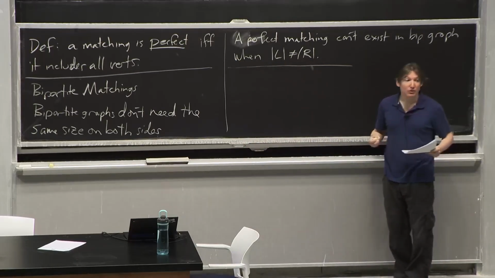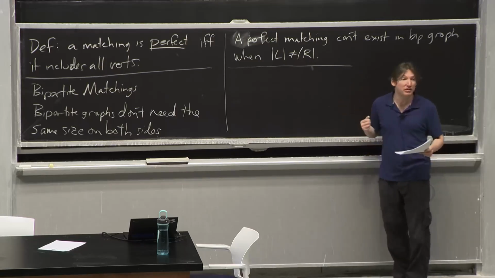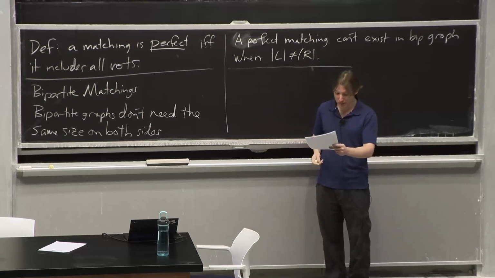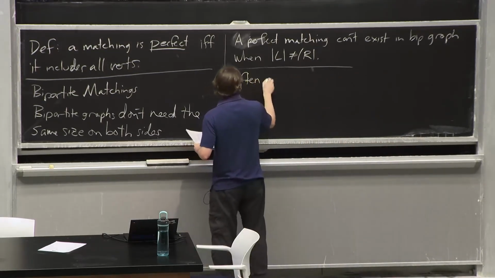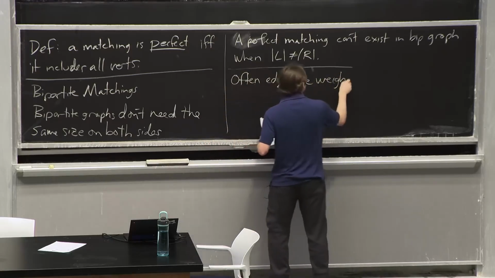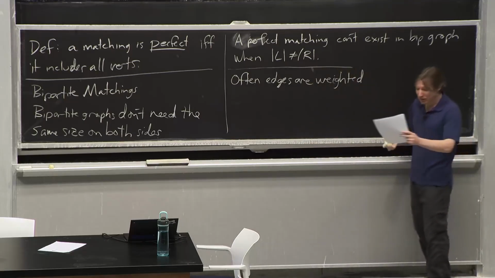Sometimes, when you're trying to make these matchings, not only are you trying to maximize the number of pairs you get, or possibly get a perfect matching and get everyone a pair, but often edges are weighted. So each edge comes with a number.